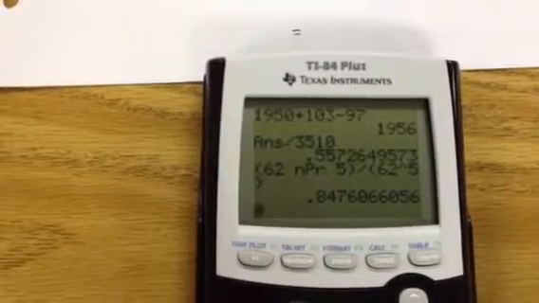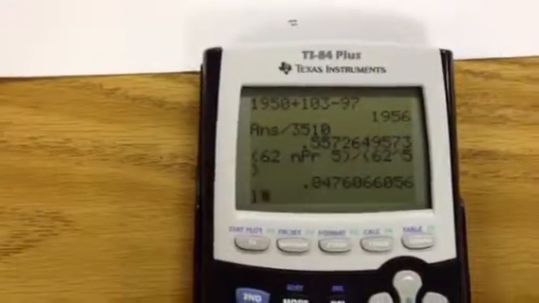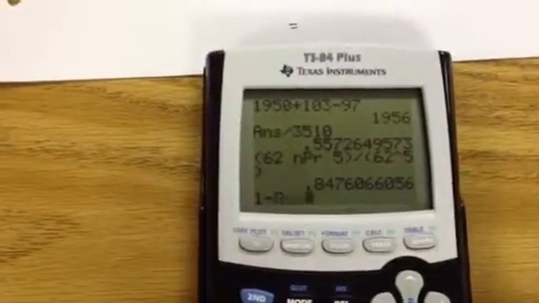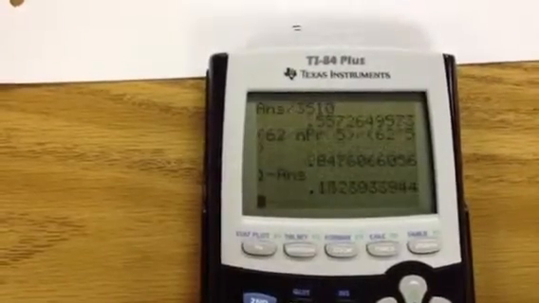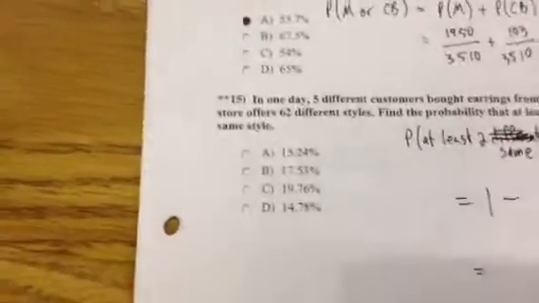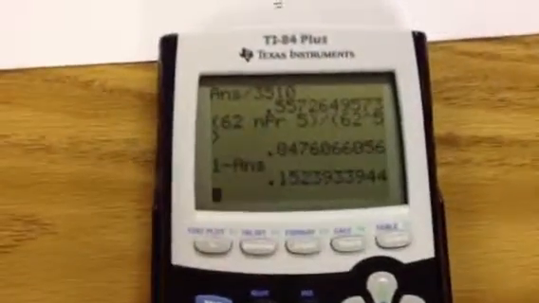So I get that. And then I want to do 1 minus that, so I'm going to do 1 minus the answer there. And I get, what is that going to be? Yep, there it is, option number A, 15.24 after I round there.